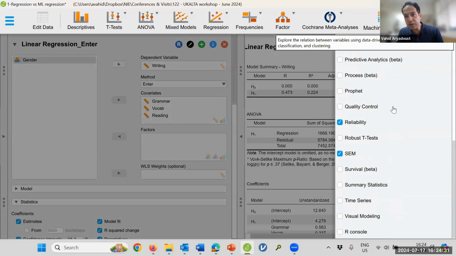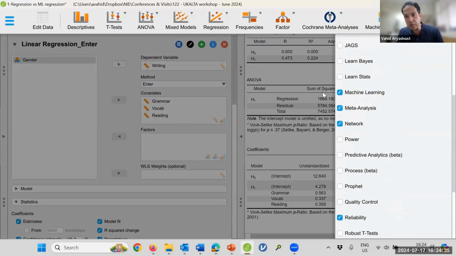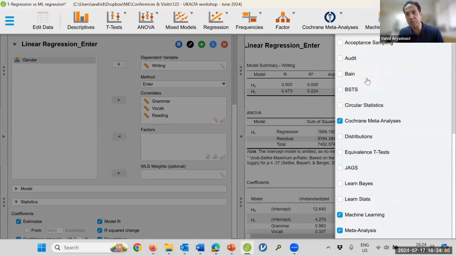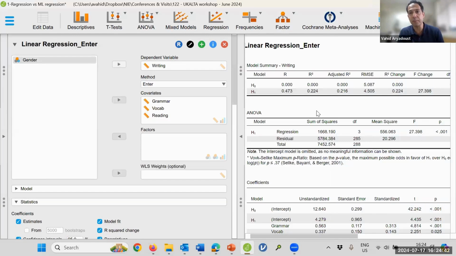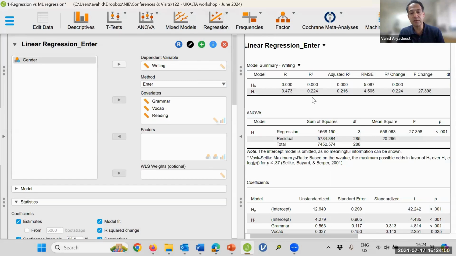And for machine learning, in the same way, please find that and just click it, like this one. There are many other cool things about JASP, which you can also install and try later. So we just need machine learning and regression.